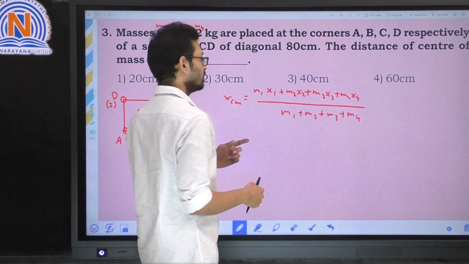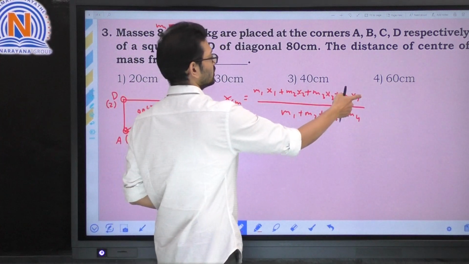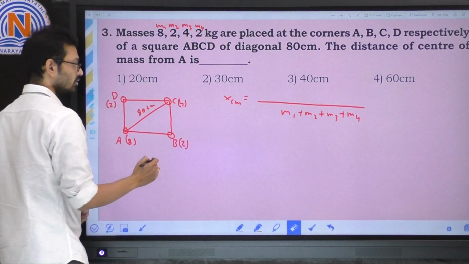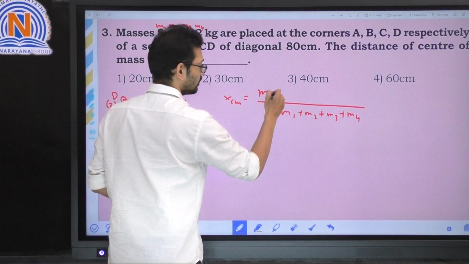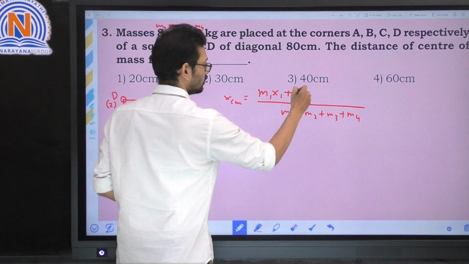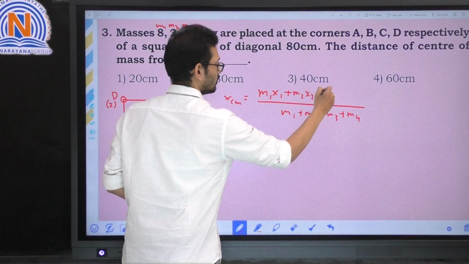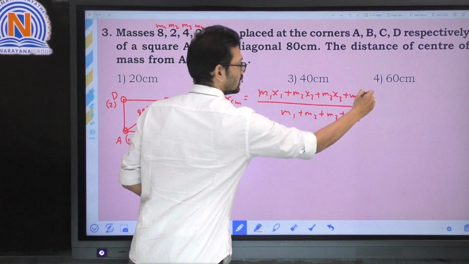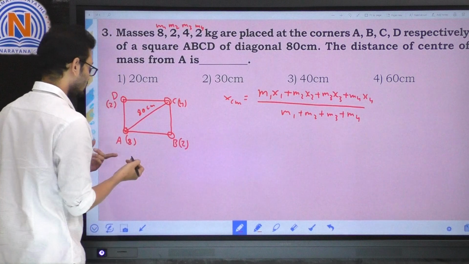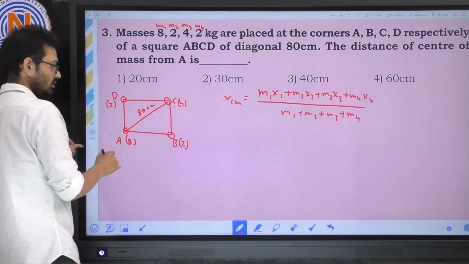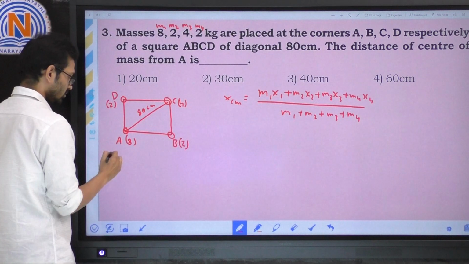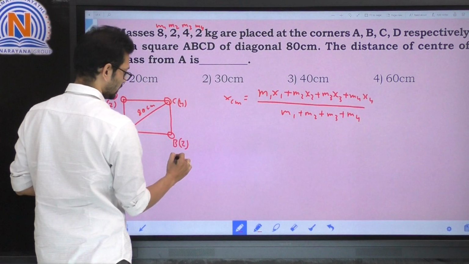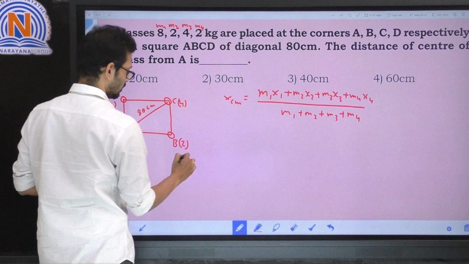So from here, I will substitute m1 x1 and m2 x2 and all four terms. Now let us consider this, I will write it a little neatly: m1 x1 plus m2 x2 plus m3 x3 plus m4 x4. Now let us consider the coordinates on x and y components. Here it is 0, 0, here we have A, 0.